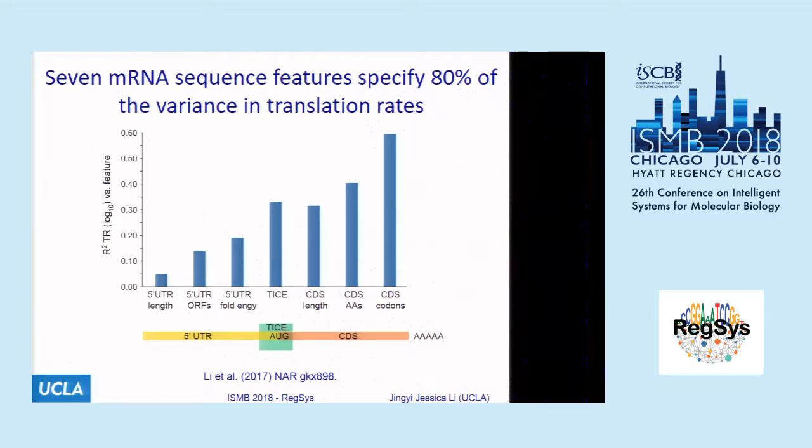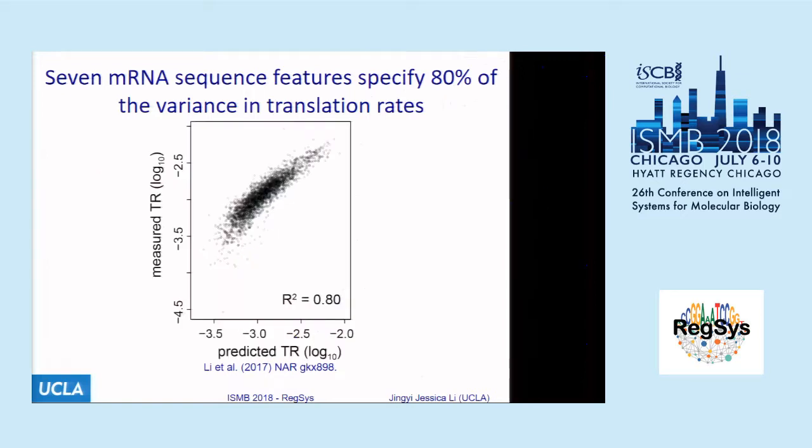They include the 5' UTR length, the number of uORFs, which are AUG and its variants in the 5' UTR, the 5' UTR folding energy, and the element TICE we define in our paper, which I'll explain in detail, the length of the coding sequence, the amino acid frequencies in the coding sequence, and the codon frequencies in the coding sequence. Together they explain 80% of the measured translation rate, which we think is very good. This is our predicted translation rate, and this is the measured translation rate.